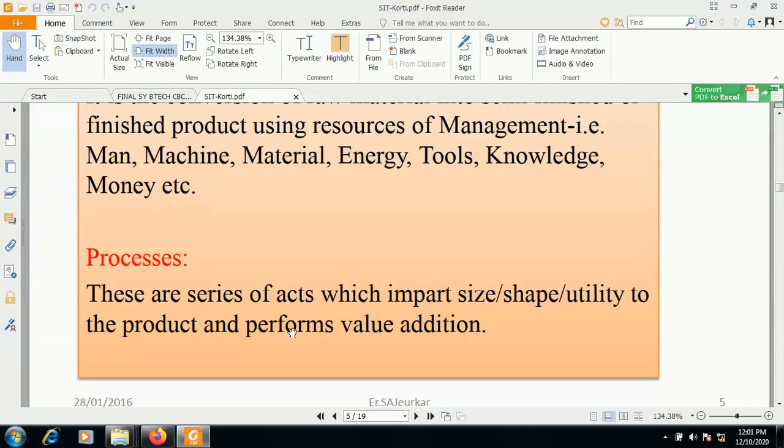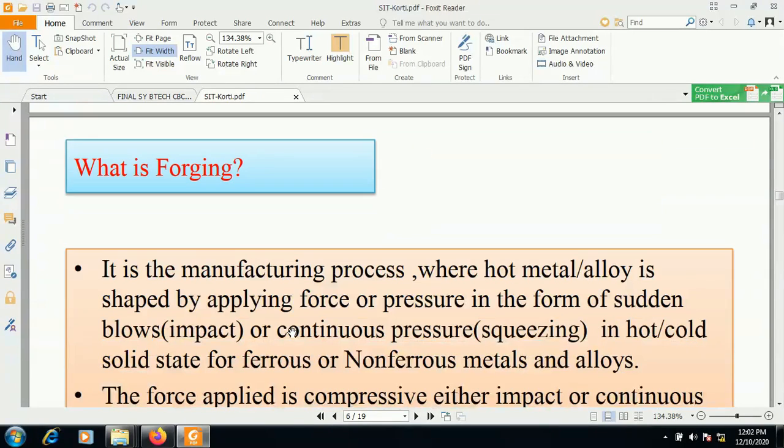Impart means give. We have to give the desired size and shape, as well as increase its usefulness so that we can add value to that material, and that is called a series of acts which will give size, shape and utility to the product, and value addition of the material will take place. That is called a process. Now we will come to our point, that is forging.